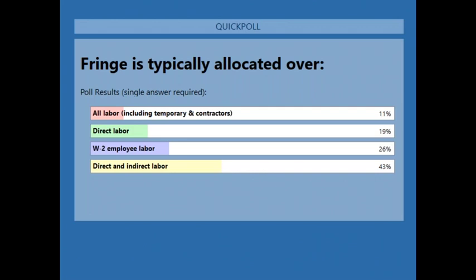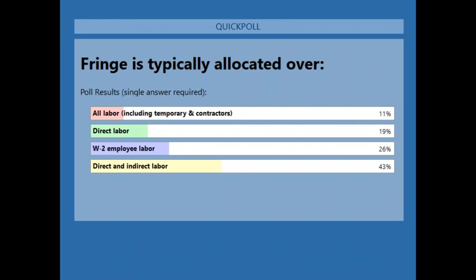I would say that direct labor would not have been a terribly incorrect answer, because there are some industries, particularly A&E, where they do allocate over direct labor only. And then D: we've all had one of those instructors in high school or college, like the best answer.